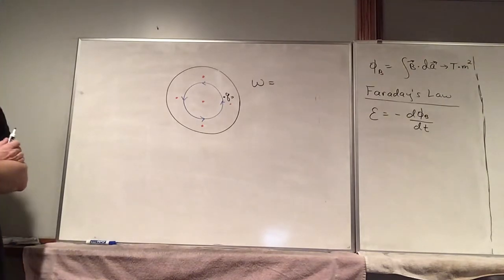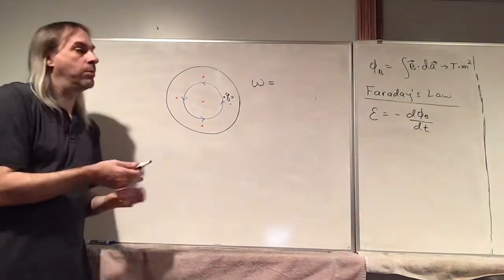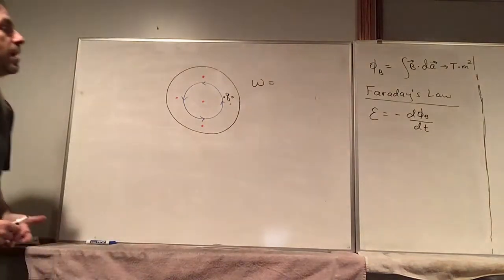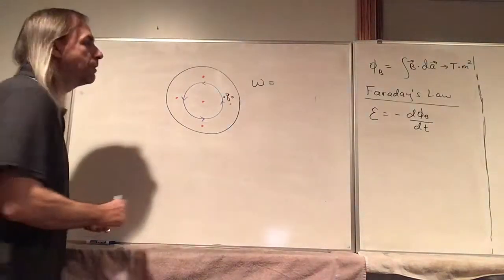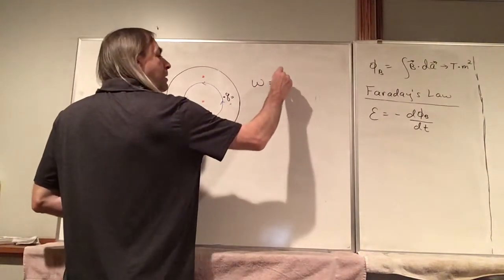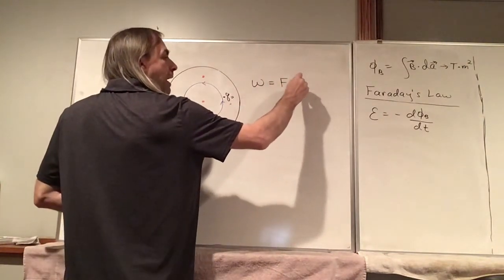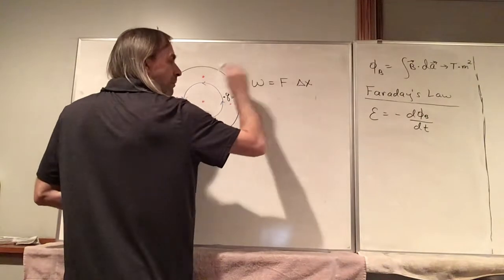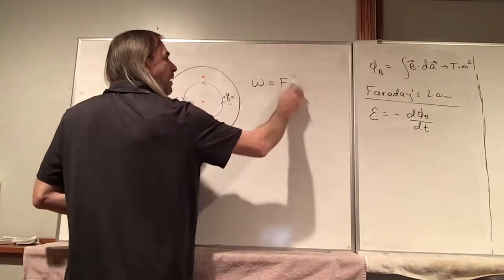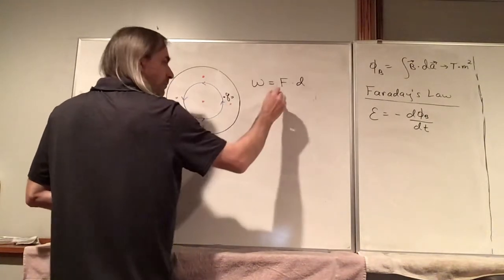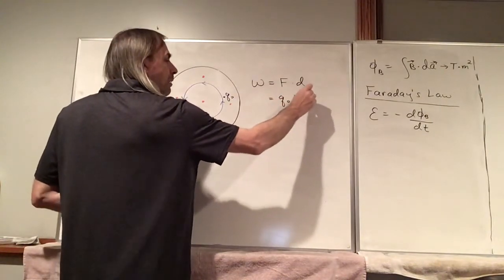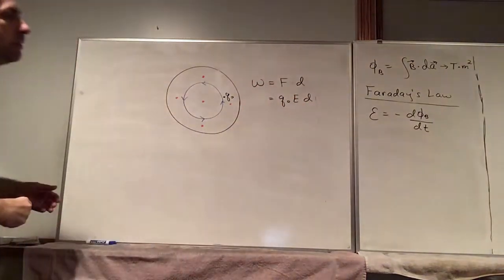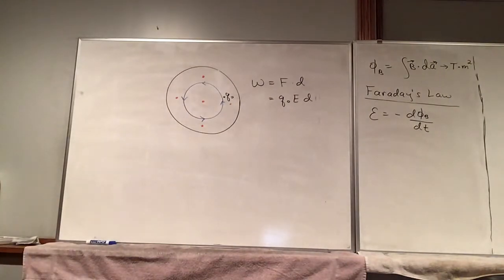So remember, the work is force times distance. Well, really a dot product though. But in this case, the force and velocity are always in the same direction. So the work in this case is just going to be the force times the distance. Actually, I'd prefer to write it F times D. And the force is just the charge times the electric field.